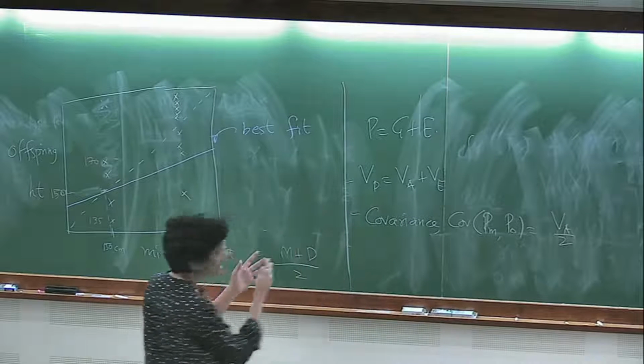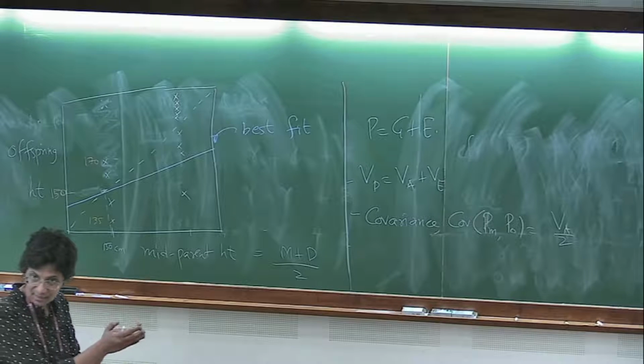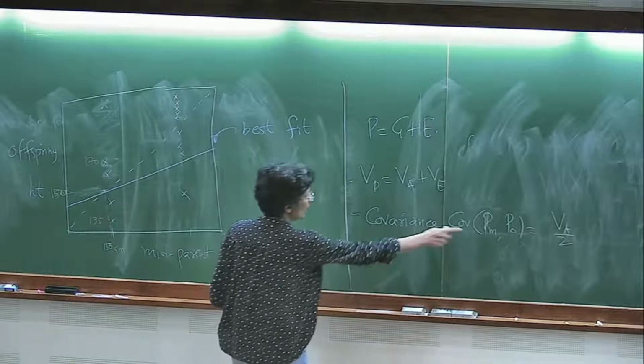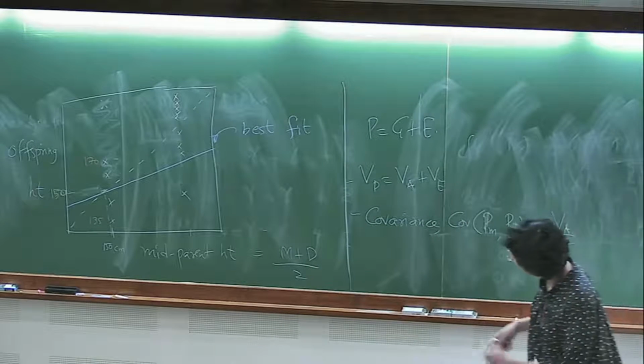VA is that genetic variance, the additive component of the genetic variance. Okay, so there is this. One more bit, just bear with me.